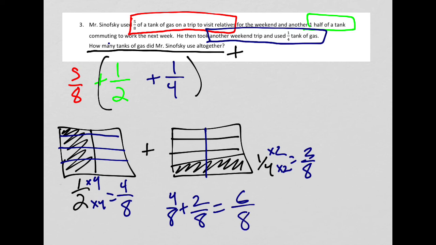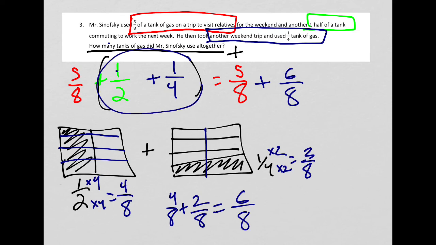So my new equation is my 5/8 stays the same. And now I'm plussing 6/8 because I added 1/2 plus 1/4 and got 6/8. Well, it just so happens that now 5/8 and 6/8 have the same common denominator. They both are already 8s.